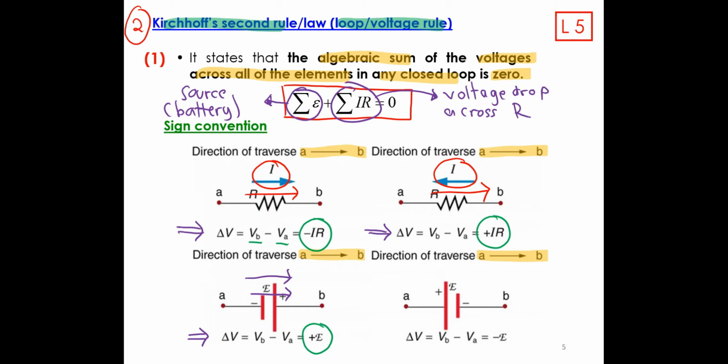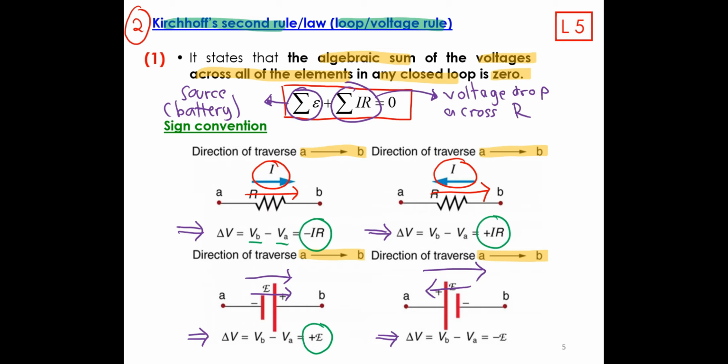The same goes for the last diagram. If the direction of traverse is to the right, but the EMF is opposite to the traverse, because current flows from the battery from positive to negative, then this is in the opposite direction.